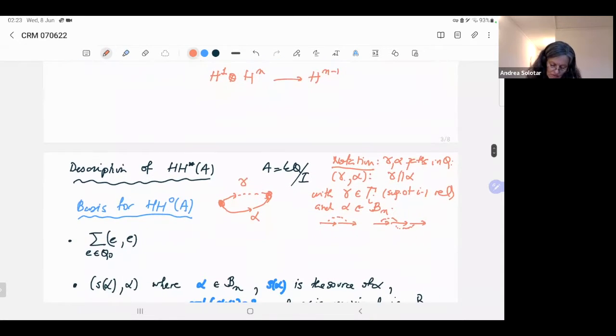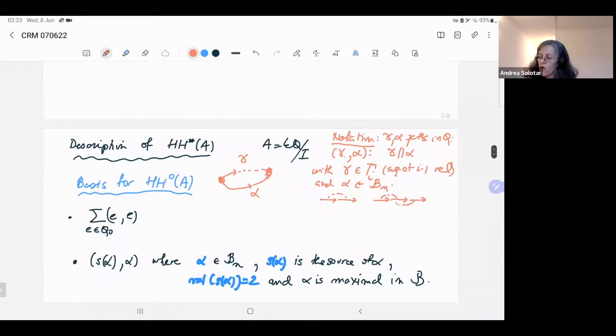Well, in degree 0, there is always, absolutely always, this first element here, which is the identity of the cohomology ring, okay?